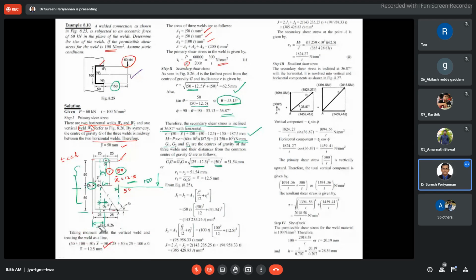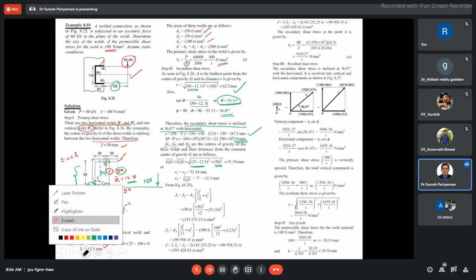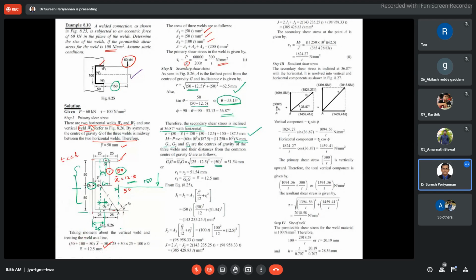This is not 50, this is 25. 25 minus 12.5 gives CG1 and CG2 because both are symmetrical welds, and this is our R1, R2. Now what is R3? R3 is the vertical weld. We can directly take it from the CG as 12.5.